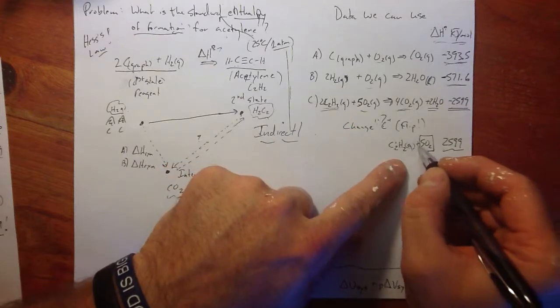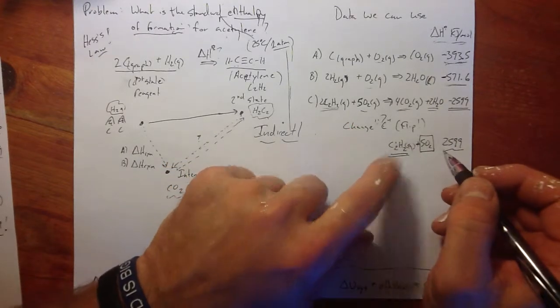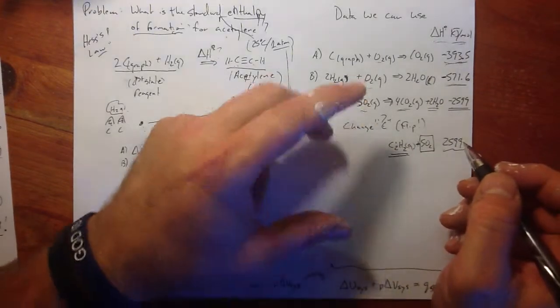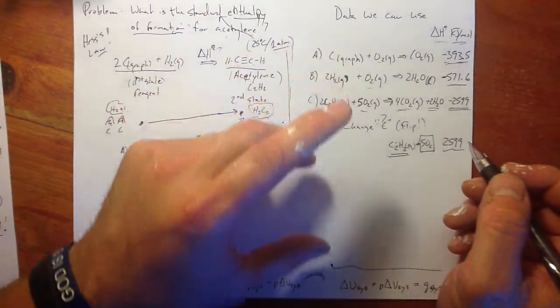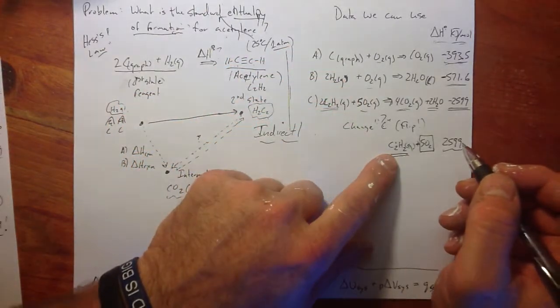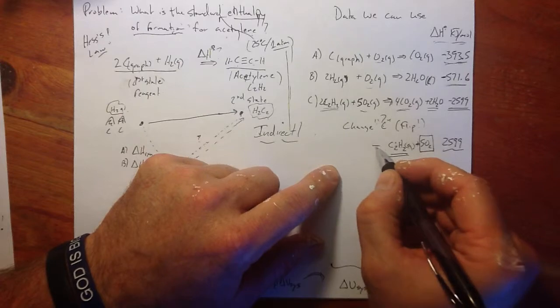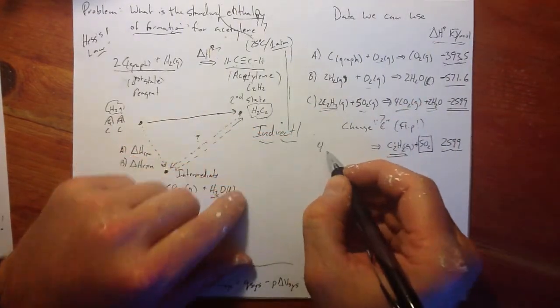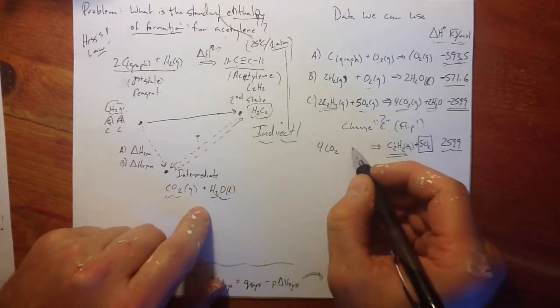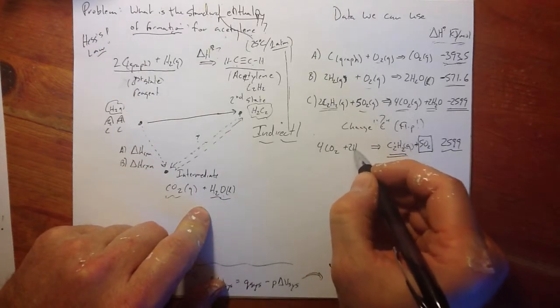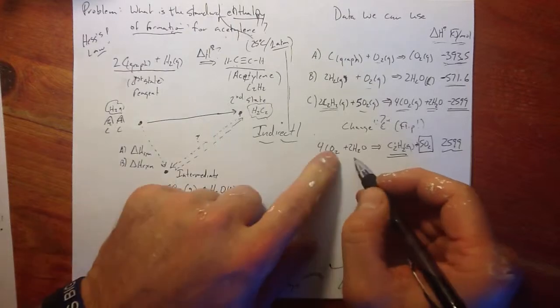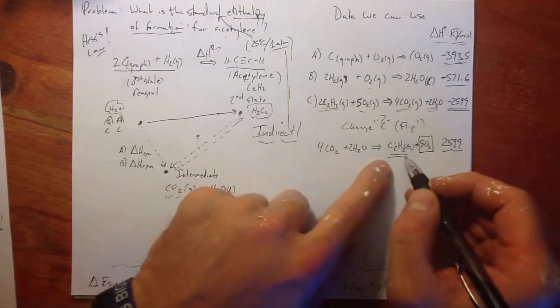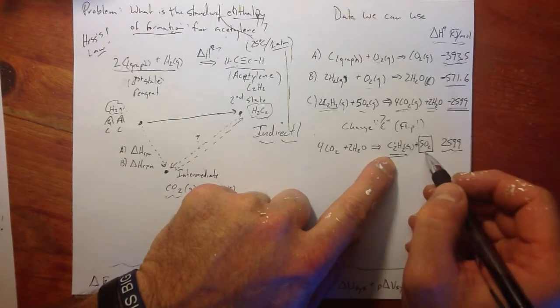We need to take that out. I'm going to underline this because we want to keep that in our summation of these energies. We want to keep that on the right side. And of course, now the reagents became products, and products are going to be our reagents for CO2 plus water. If I have 4 CO2s plus 2 H2Os, I can make acetylene and oxygen.